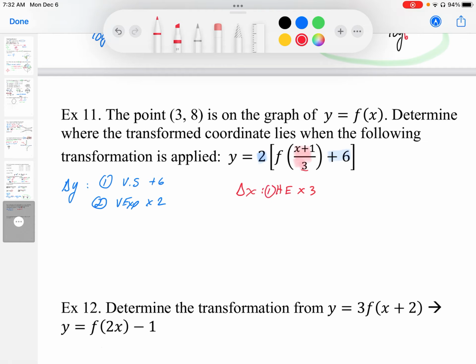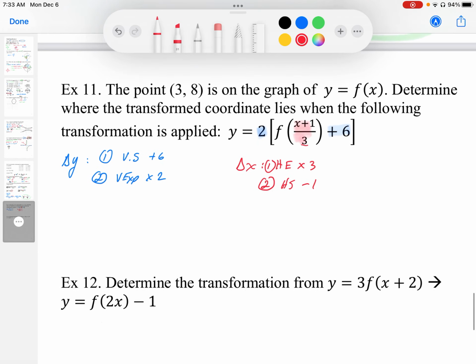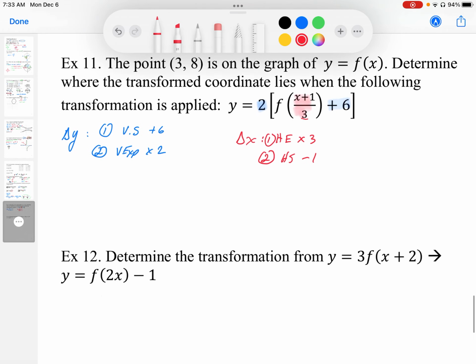So that's going to happen first. And secondly, it's going to be a horizontal shift of -1. So this is in factored form. In factored form, we always do the expansion compression first and shift last. We could also think backwards and get the same result, but the easiest way for that one is to recognize it is already in factored form. So expansion compression first, shift last.